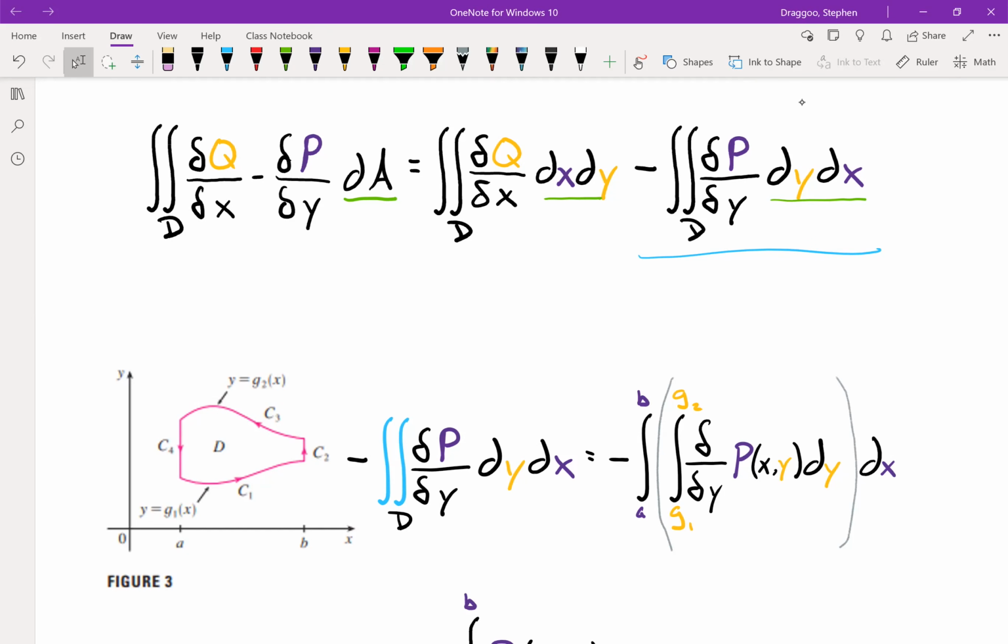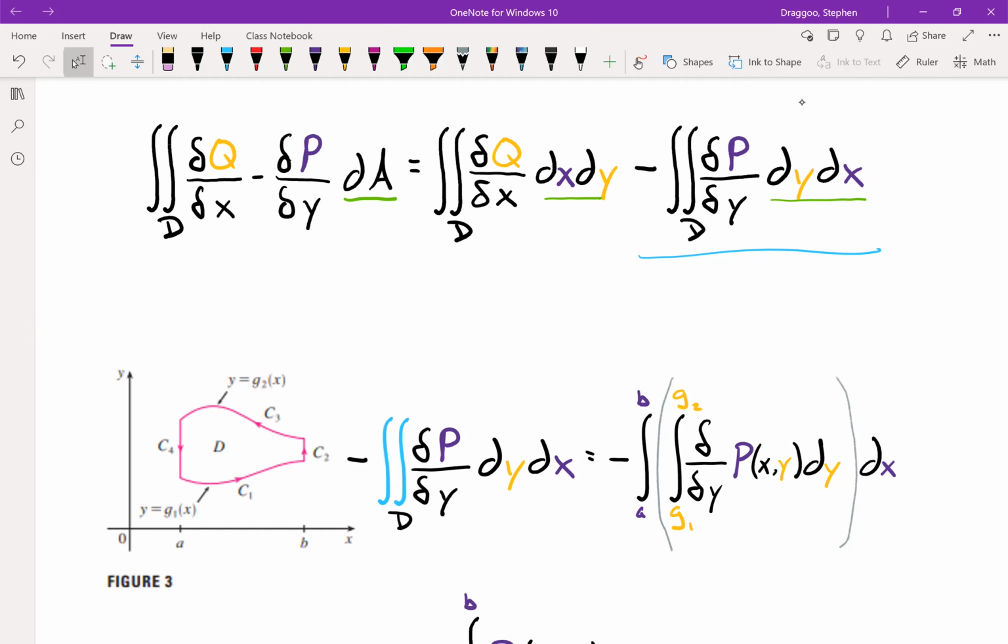So the double integrals represent the blue part that I've highlighted up above, and we've got some curve C, but that's split into 4 different pieces, and say that we're going to take that double integral of p partial y and kind of split it up and see what it is that we're actually doing.